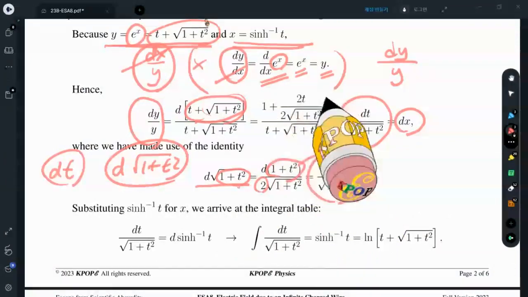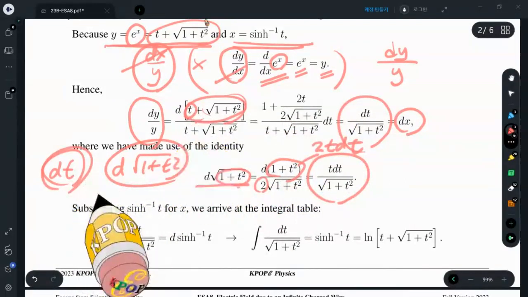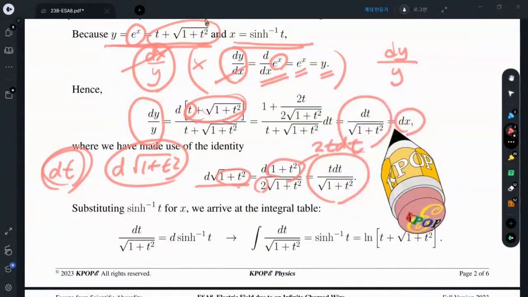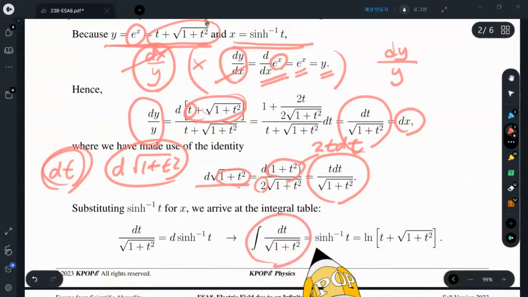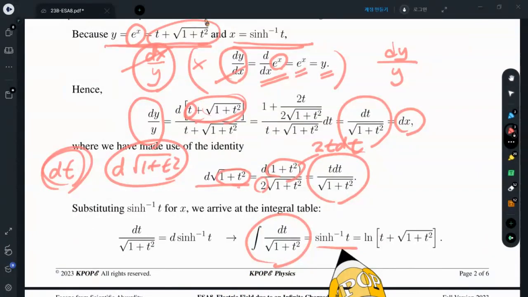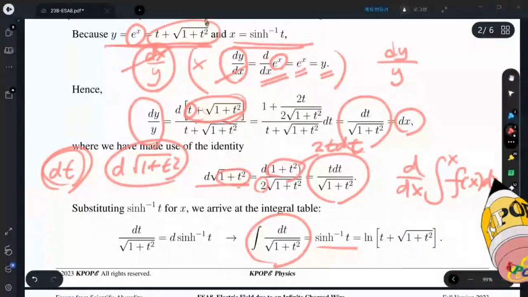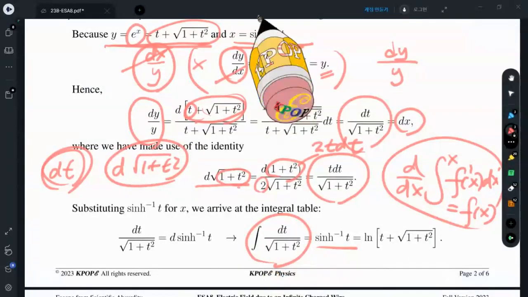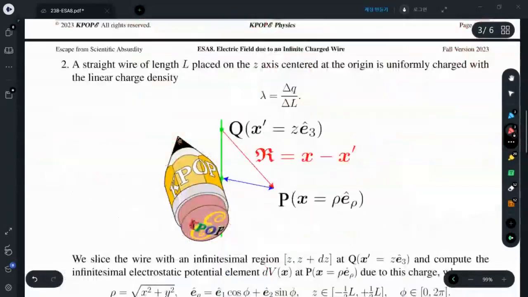We can factor this dt out. Finally, what we obtain is this. As a result, this integral is the inverse sine hyperbolic function. By the way, if we make use of the fact that the derivative of this is just the integrand, we will find that this calculation doesn't have to be necessary.